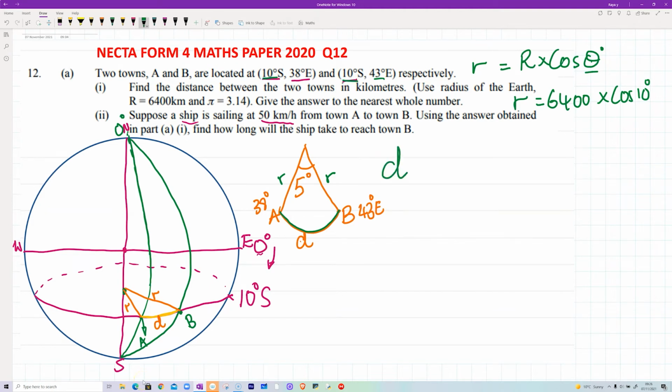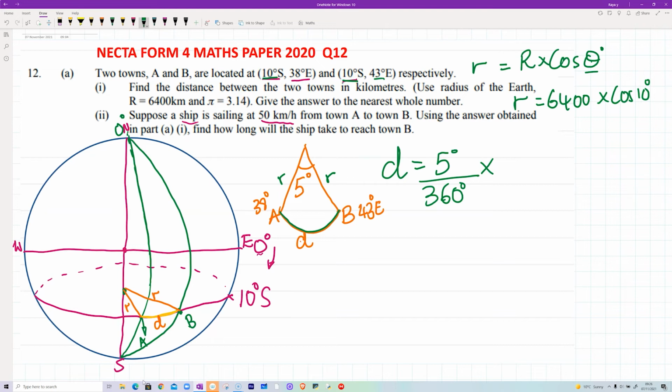So distance is going to be equal to the proportion of that latitude, which is going to be the angular difference between the two towns. Sometimes I call it alpha. So that's going to be 5 degrees, so 5 divided by 360 degrees. This is the proportion of the circle. So we know arc length is just part of the circumference.